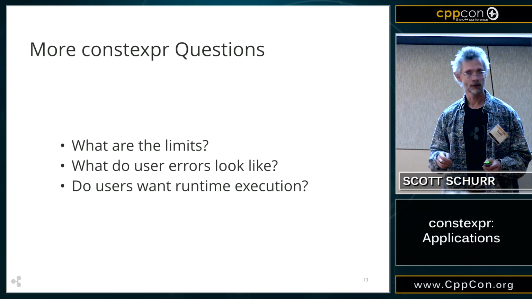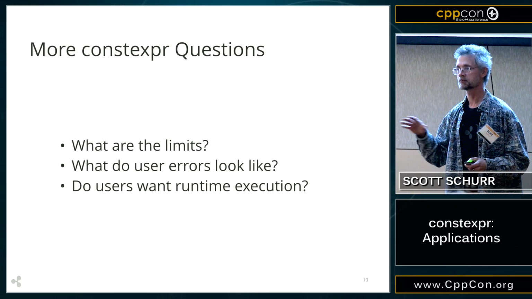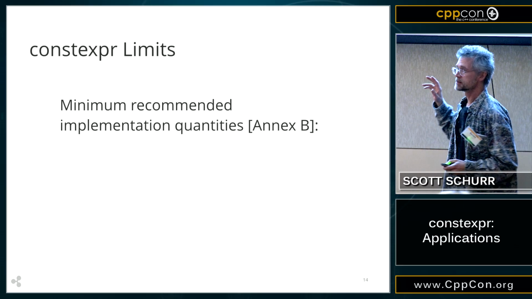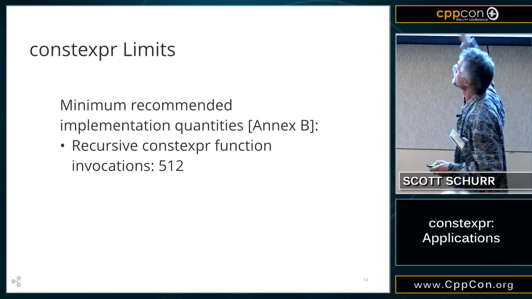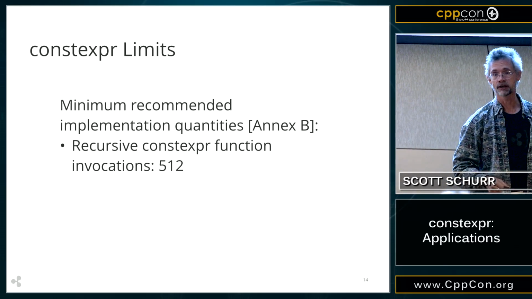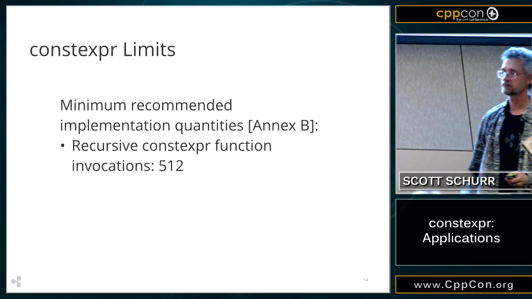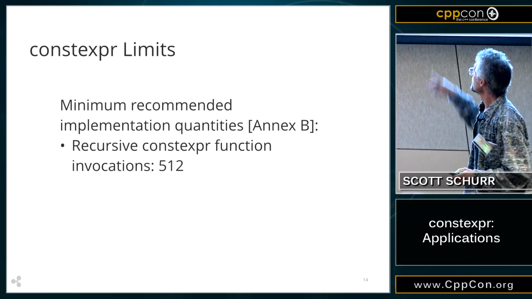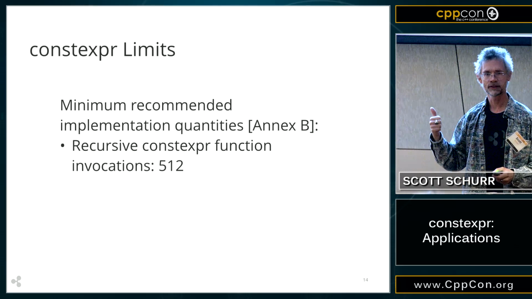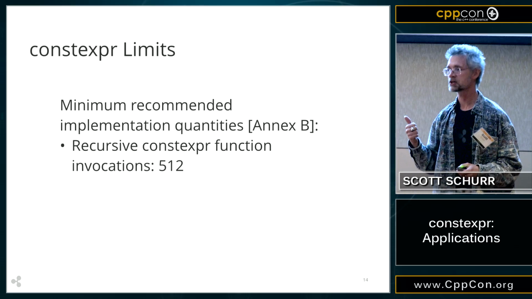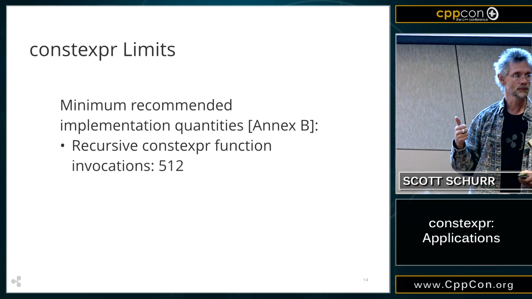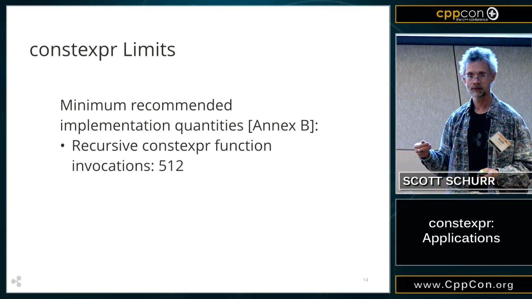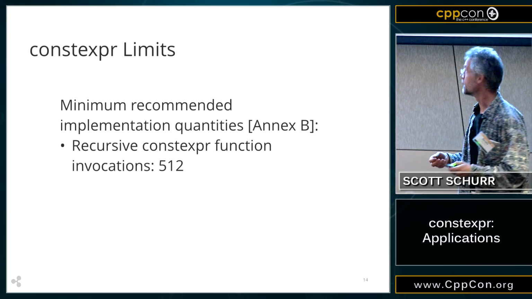Another quick thing from yesterday, or a couple of quick points. What are some limits on constexpr? And this is from Annex B in the standard. There are two parts of the annex that describe limitations in constexpr implementations. They suggest C++11 constexpr lives on recursion, so they recommend a minimum recursion depth of 512, which will get you a long way.